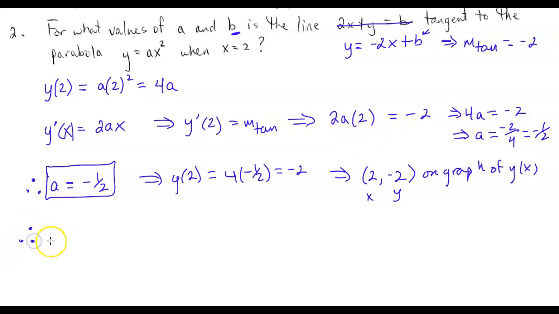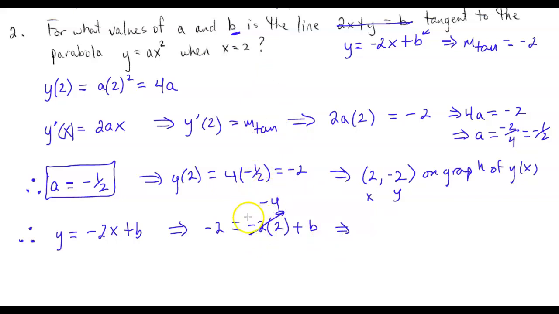So therefore, y equals -2x plus b. We know that y is going to be -2, equals -2 times x, which is 2, and then plus b. Of course, all this ends up being -4. And if we add 4 to both sides, we have 4 minus 2 equals b, which means b is equal to 2.